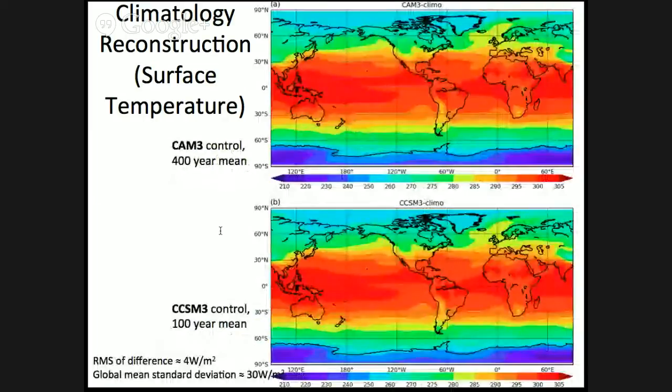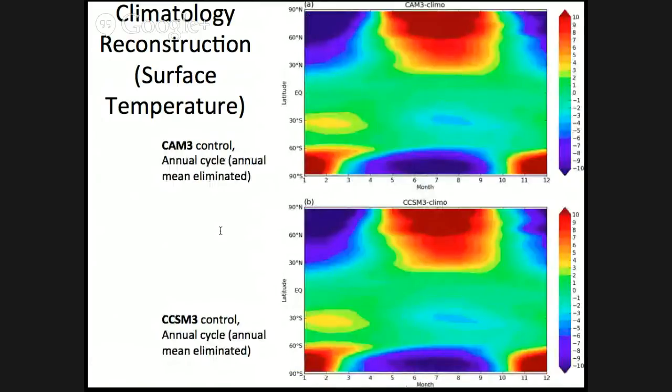So what is the RMS difference for the SST? The RMS of the difference is 0.4 Celsius, and the global mean standard deviation is 4, so it's 10 times difference. And then the annual mean surface temperature is reconstructed.